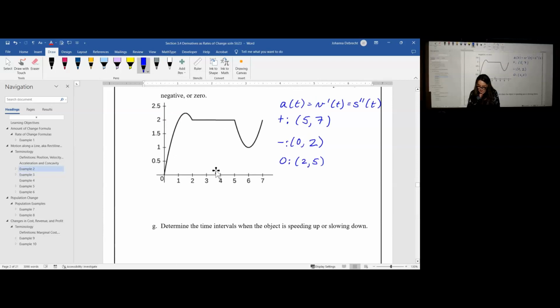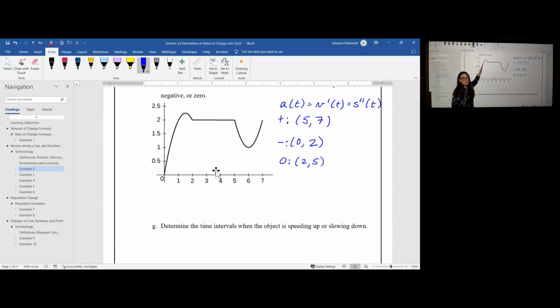When is the object speeding up or slowing down? That requires us to take the combination of signs between the first and the second derivative, or to simply look at the graph and predict based on the location of the maximums and minimums. On the left side of a maximum or minimum, it must be slowing down.